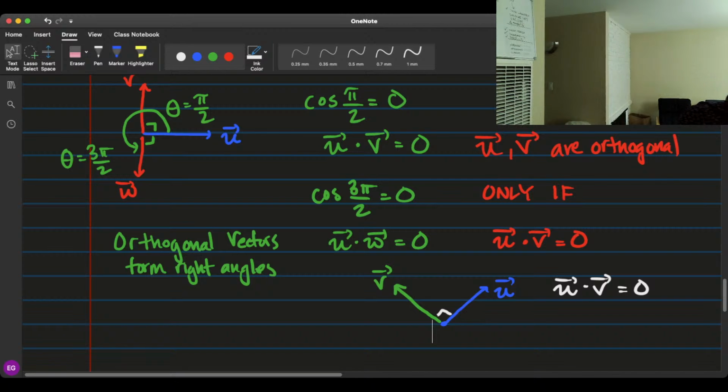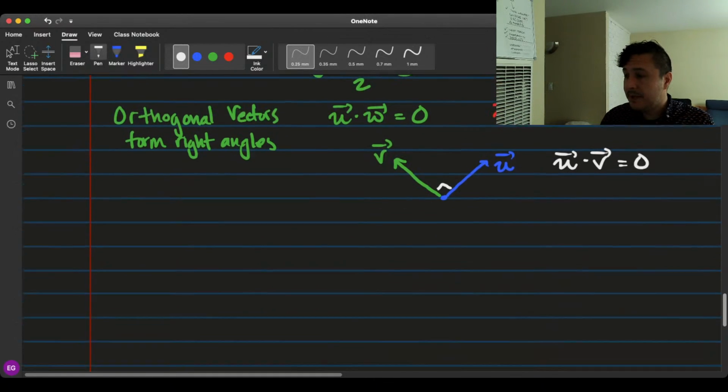Okay, so there are some rules you can use to help you do dot product calculations. I want to talk about them. These are called the properties of the dot product.